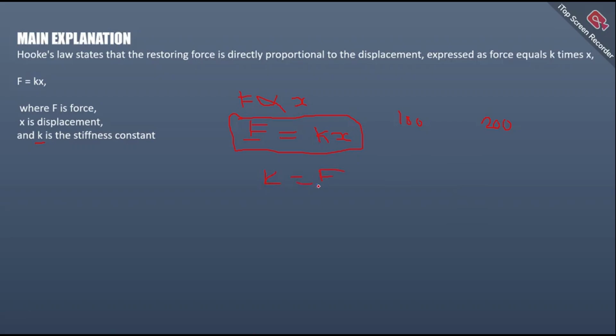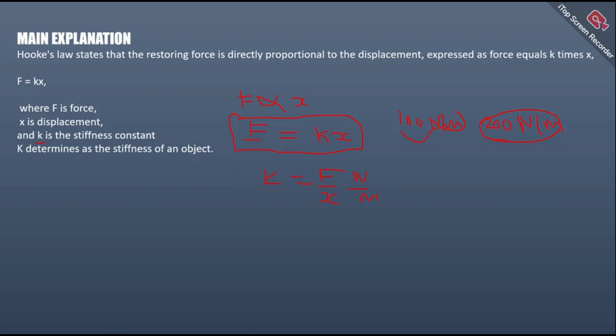It will be force divided by X. Force is in newtons, extension, change in length, is in meters. So we're going to have newton per meter. Since 200 is greater than 100, the object with 200 will be very stiff. We're supposed to apply a lot of force to stretch or compress it. That's what it means when you're talking about the value of K. It determines how stiff the object is going to be.